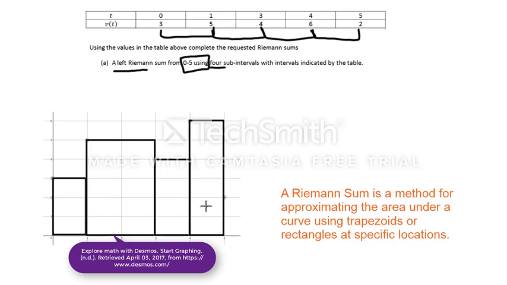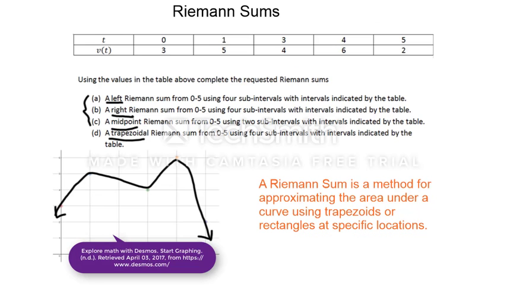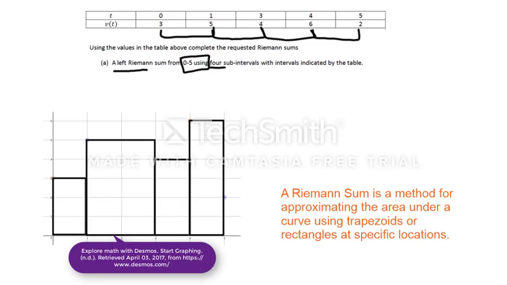So the last thing that we have to do is add up the area of all of these rectangles. And again, this is going to help us approximate the area under this curve over this entire time. So here, we're just going to do some basic multiplying. This rectangle is 1 by 3, so we figure out that this has an area of 3.